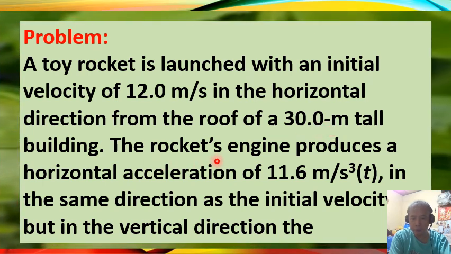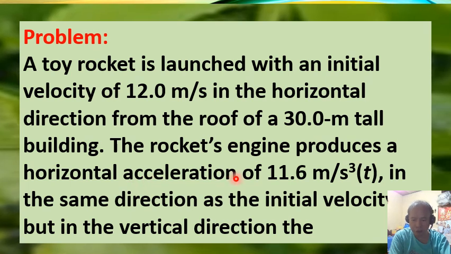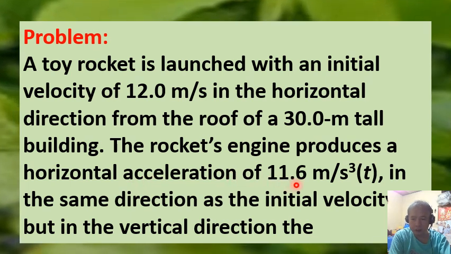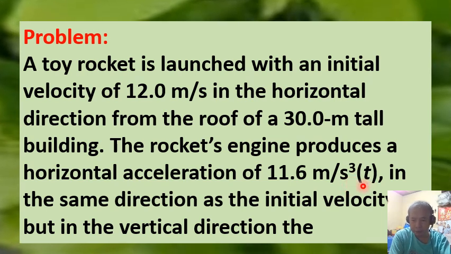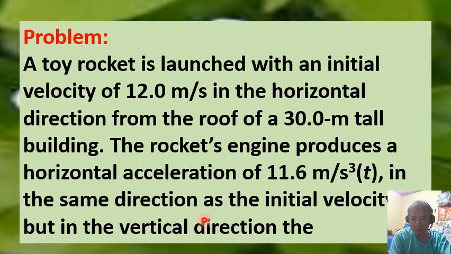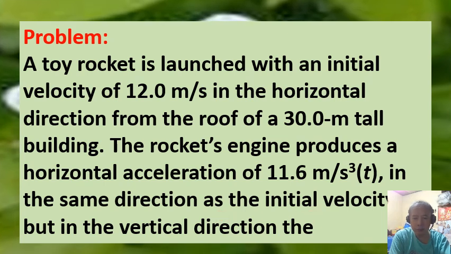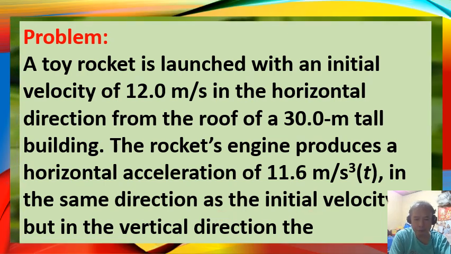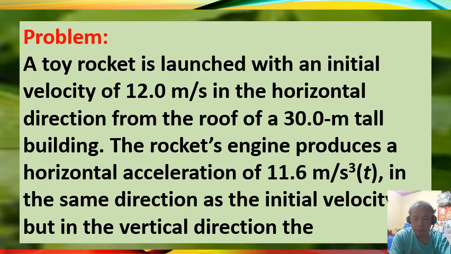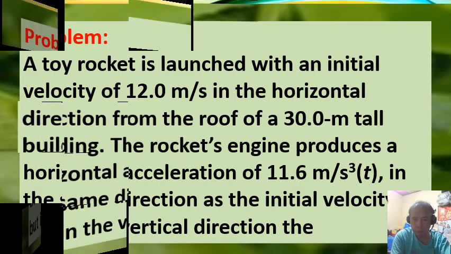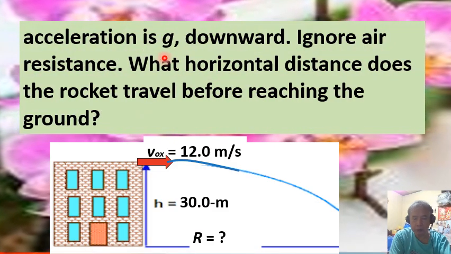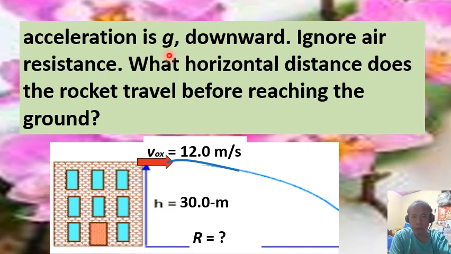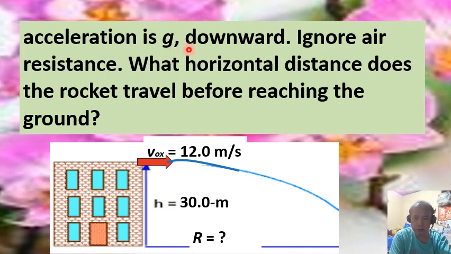The rocket's engine produces a horizontal acceleration of 11.6 meters per second cubed times t in the same direction as the initial velocity, but in the vertical direction, the acceleration is equal to acceleration due to gravity, g, directed downward.